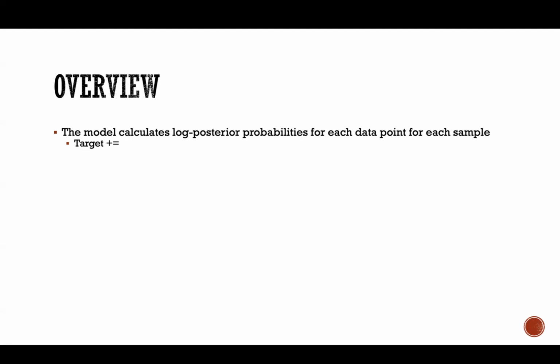As we move in the posterior space with the Hamiltonian Monte Carlo sampler, at any point we have a combination of parameter values, and we look at how probable the data is given these parameter values, which is how likely these parameter values are given the data. And that's what gets stored in the LP.